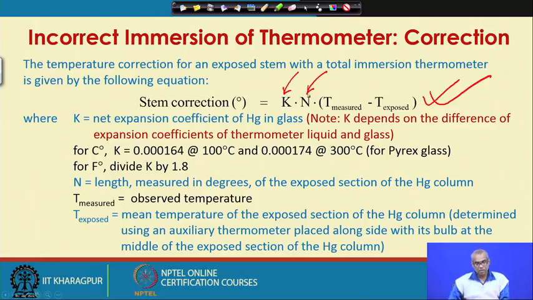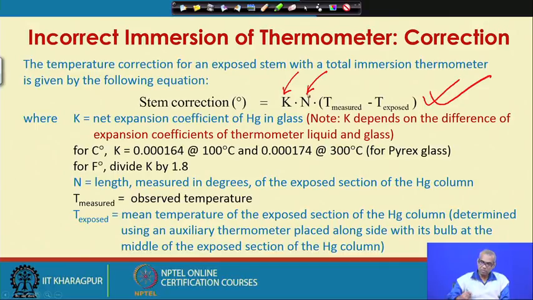Now, what is N? N is the length of the exposed section of the mercury column, and this is measured in degrees. So, N is the length of the exposed section of the mercury column expressed in degrees.